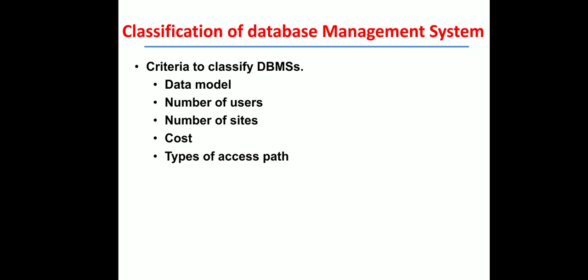We use different data models: the relational data model, then the object model, and some other types of models we use for our data model. This is a parameter for classifying the database management system.